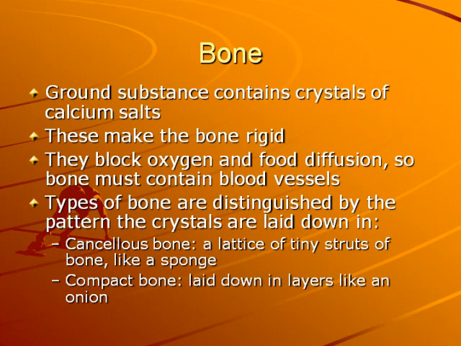Bone types are distinguished by the pattern of crystals that are laid down. You have cancellous bone, which looks more like a lattice work or like a sponge. That's also known as your spongy bone. This is what you see on the innermost part of the bone versus your compact bone, which is laid down in layers like an onion would be, and this is your outermost shell of the bone.